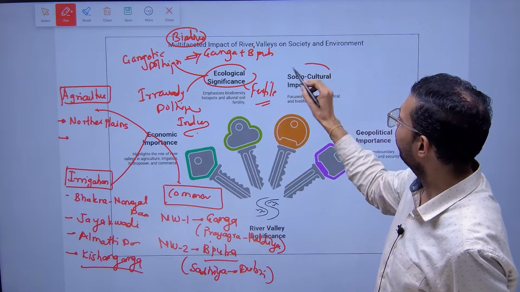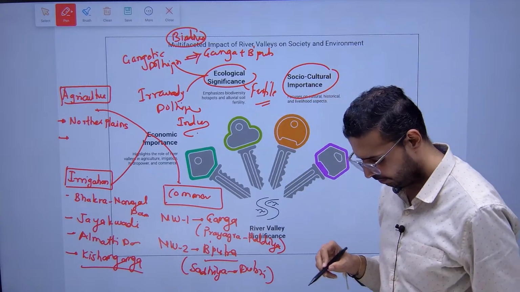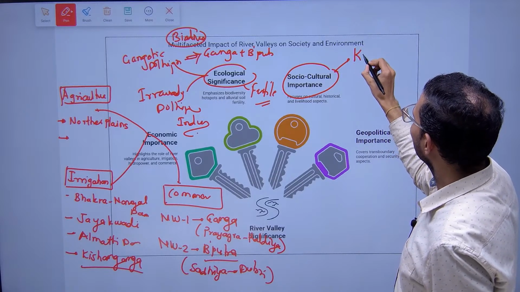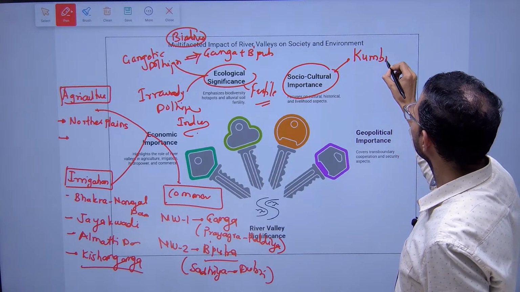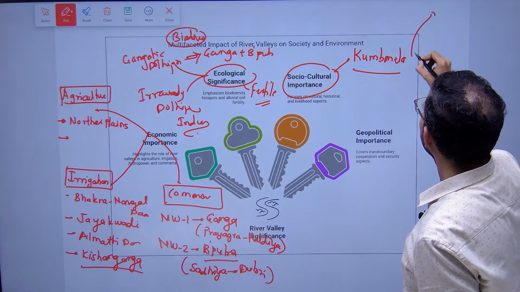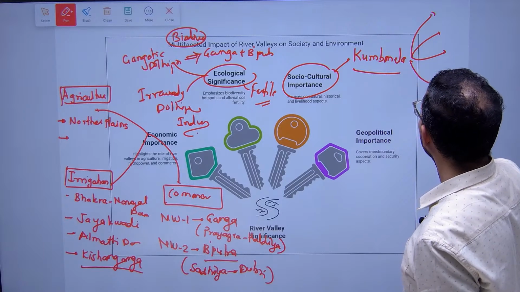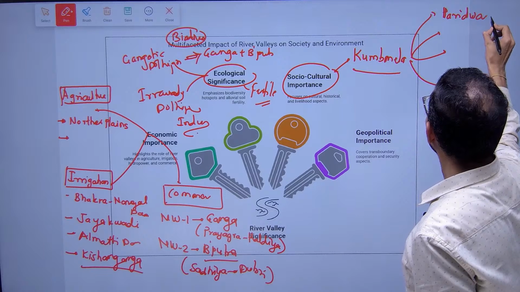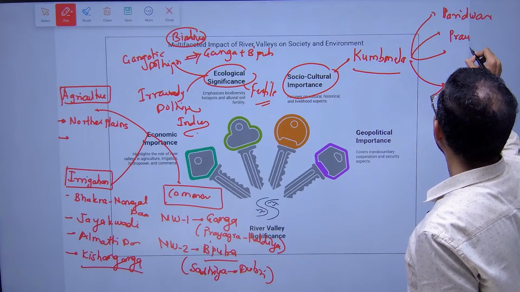What is the socio-cultural importance? Take the event of Kumbh Mela. Kumbh Mela happens at which 4 places? First one is Haridwar, then Prayagraj.